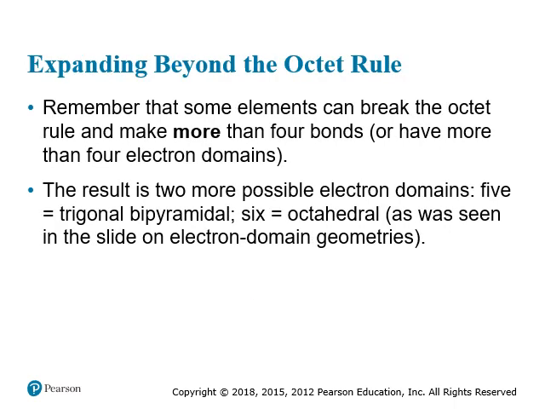Now, when we go beyond the octet rule, those central atoms that can take on more than 8 valence electrons, the results are the two electron group geometries of trigonal bipyramidal and octahedral.